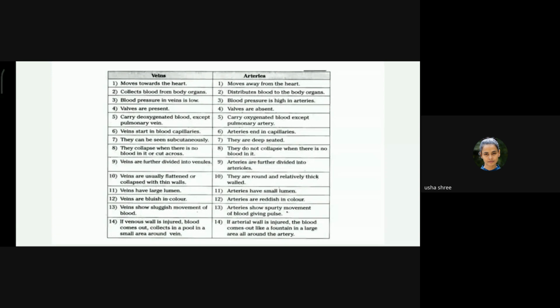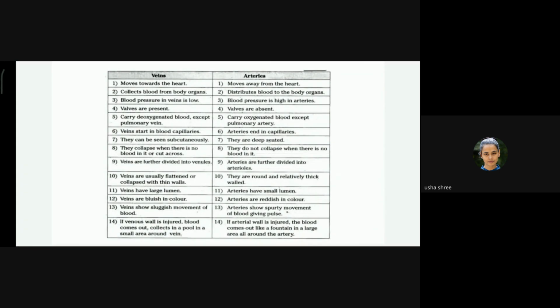Blood pressure in arteries is high because of more rigidity in arteries. Walls of arteries are more thick than the walls of veins and more rigid in comparison to veins. So, blood pressure in arteries is more in comparison to veins.